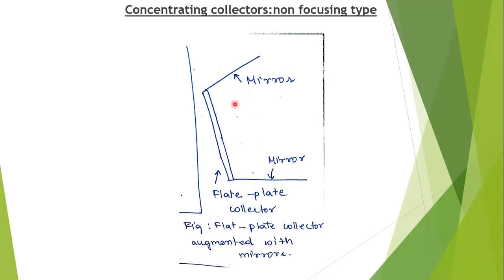These mirrors cut off part of the scattered radiation that would otherwise have reached the absorber plate, and only a part of the scattered radiation falling on the mirrors will be reflected onto the absorber plate. So the concentration effect arises mainly from the increase in direct radiation reaching the absorber plate.